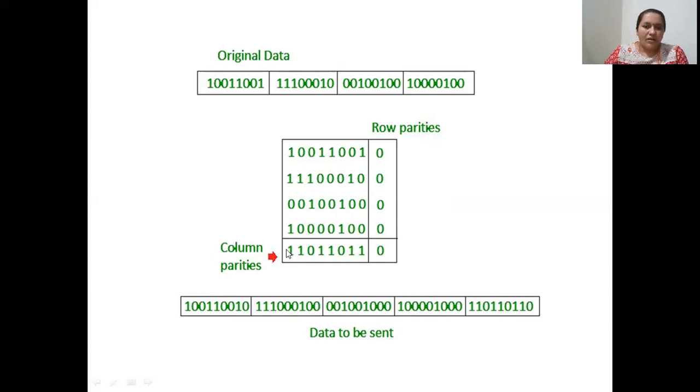So now, along with the original data units, the newly computed data units with appended parity bits will be sent over the transmission medium. So these are the transmitted data blocks.